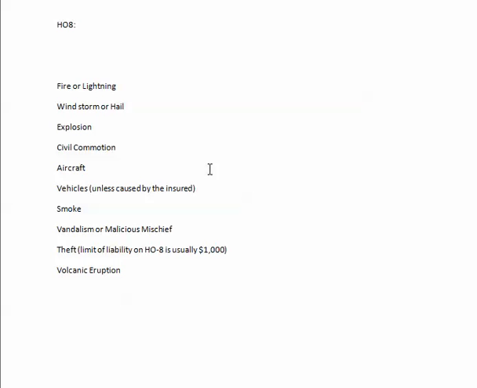The 10 perils the HO8 home insurance policy will protect your home and belongings from are fire or lightning, windstorm or hail, explosion, civil commotion, aircraft, vehicles unless caused by the insured, smoke, vandalism or malicious mischief, theft, limit of liability on theft is usually $1,000, volcanic eruption. This is all about home insurance policies.